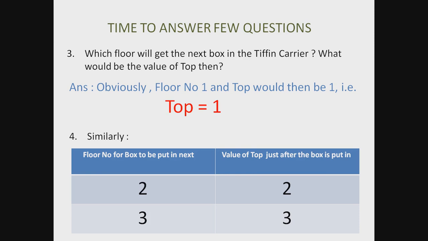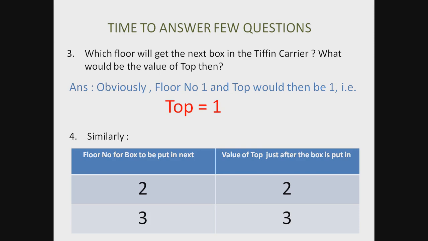When 3 would be filled, top would be 3. So I think you have understood how the values are given for top and how the list is going to be filled. The list is going to be filled at subscript number 0 first, then 1, then 2, then 3. And top is also going to get the value.